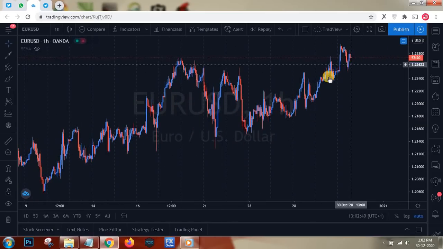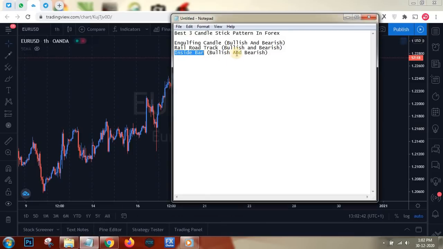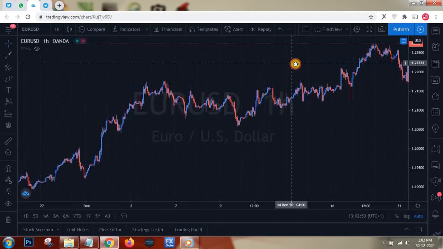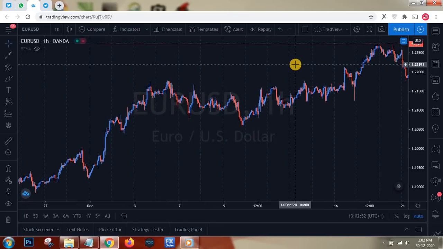Then I think I've shown inside bar, I've shown railroad track, I've shown engulfing candlestick patterns. So if you trade oversold and overbought, you can also concentrate on these candlestick patterns. Anytime they appear, if they are going against you and the candlestick appears again, take that for a second trade.